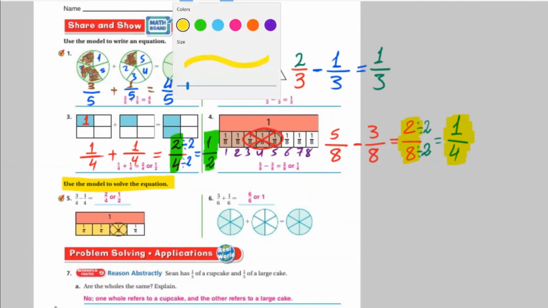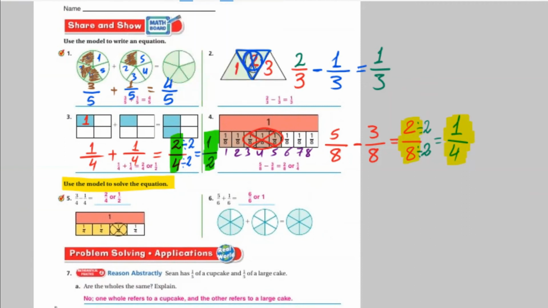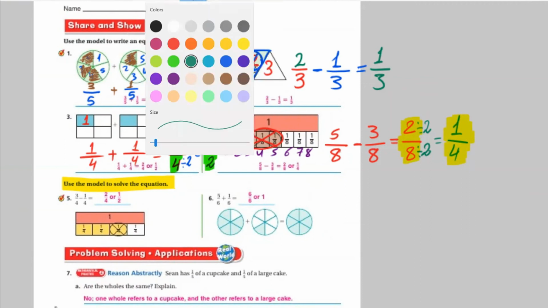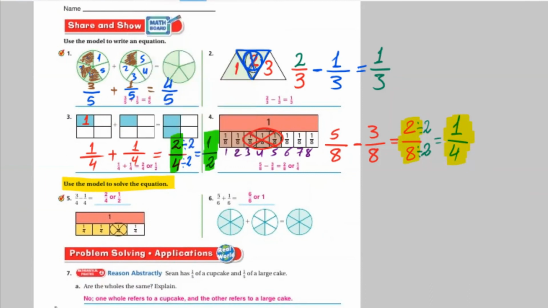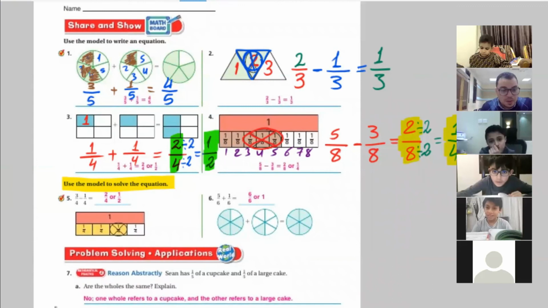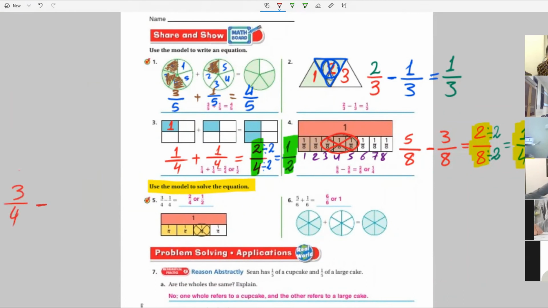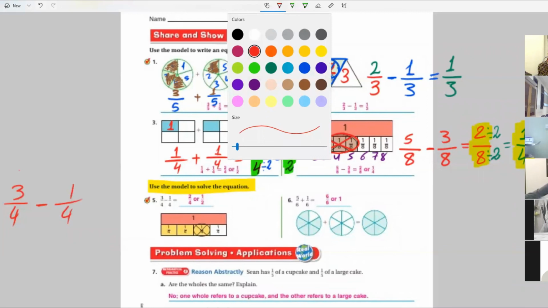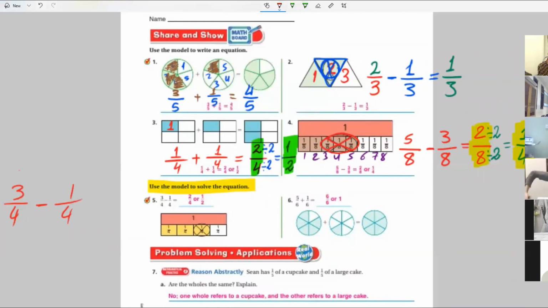Let's rewrite it here. We have 3 over 4 minus 1 over 4. It will be 2 over 4 because we have the same denominator, 4 and 4.